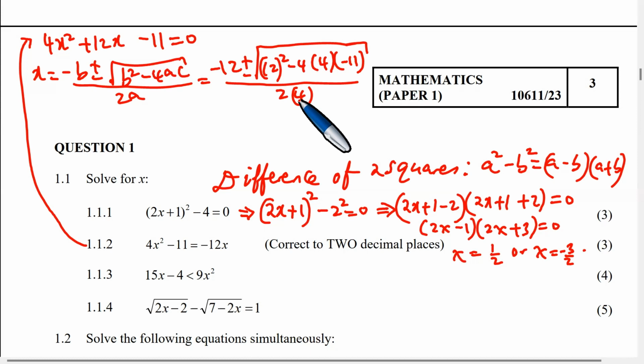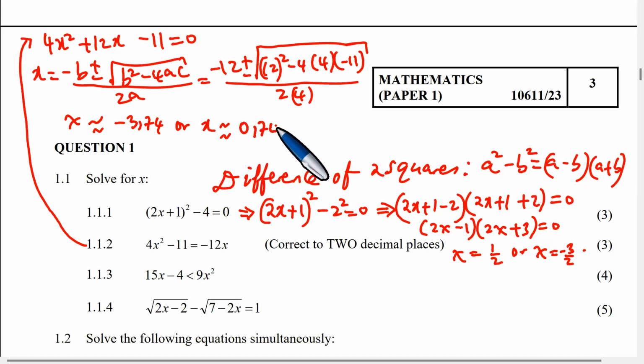Now, what is then the solution to this problem here? If you use a calculator, you realize, therefore, that x is approximately minus 3,74, or x is approximately 0,74. Okay, so we have exactly this one here.